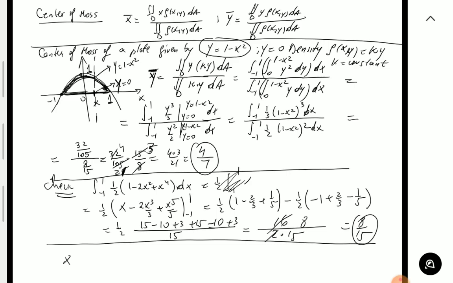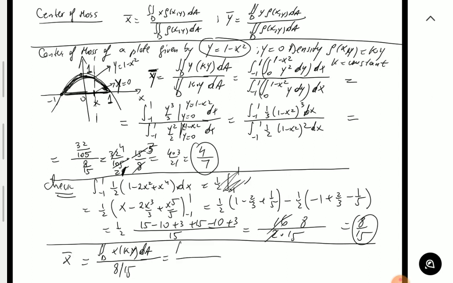Okay, but here's the thing. What about x bar? I'm going to do that a little faster, because we can notice something important here. First of all, the denominator we already did, it's 8 over 15 after you cancel the k, that constant. But the top is going to be the double integral of x times kxy, dA, the moment with respect to the y-axis.